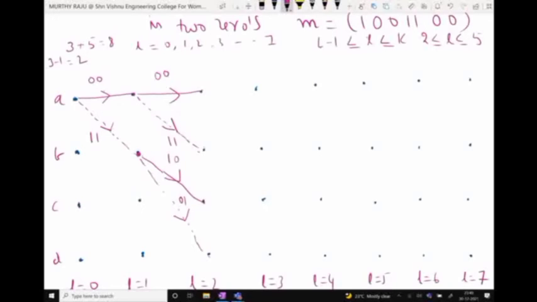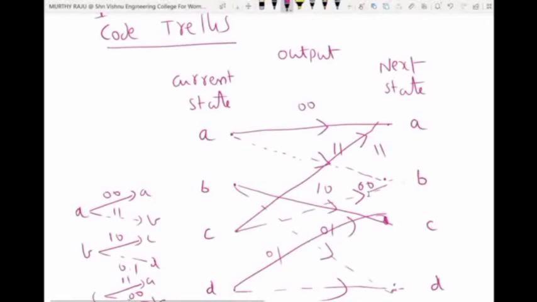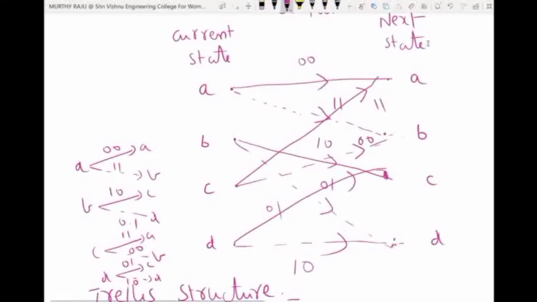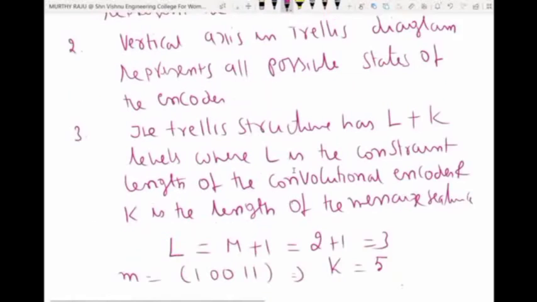By using these signal flow graphs, this Trellis structure, with transitions A to A, A to B, B to C, B to D, C to A, C to B, D to C, and D to D, we have to construct the Trellis structure.